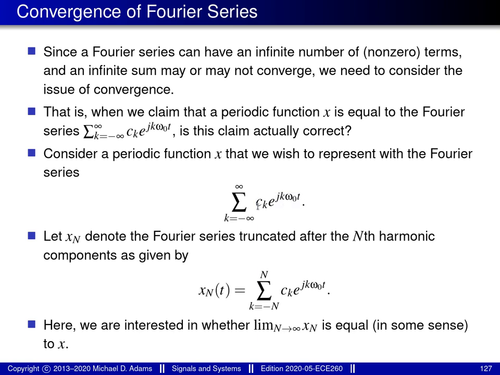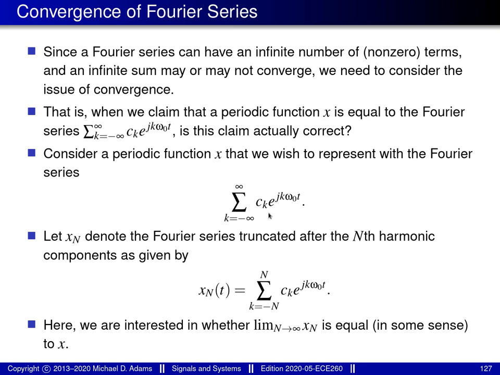Because all of these ck values could be non-zero, we have the potential to be summing an infinite number of non-zero terms. When we try to calculate such a sum, bad things can happen. The whole summation can blow up to infinity or fail to converge for other reasons.